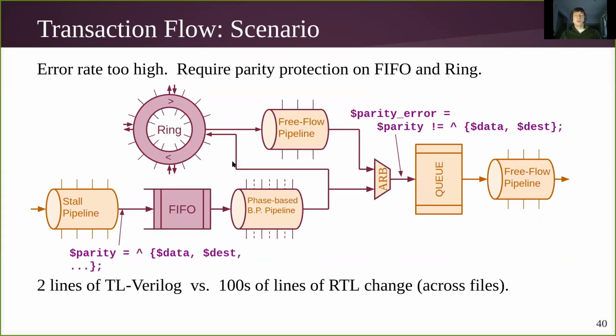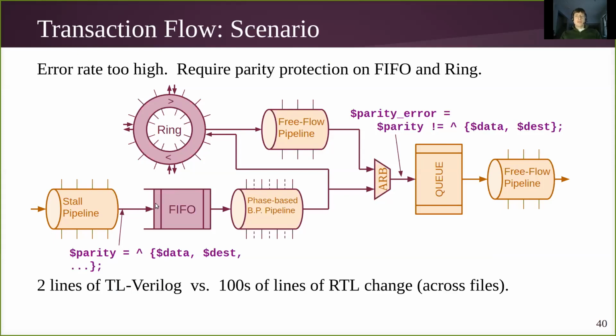So, a more realistic scenario where TL-Verilog tools are doing a significant amount of work for us. Let's say this microarchitecture is reasonably well implemented at this point, and we're looking to implement this in silicon. And our reliability team comes back to us and says, we've got a problem. We've got too high an error rate, and we need to get the error rate down for the FIFO and the ring.